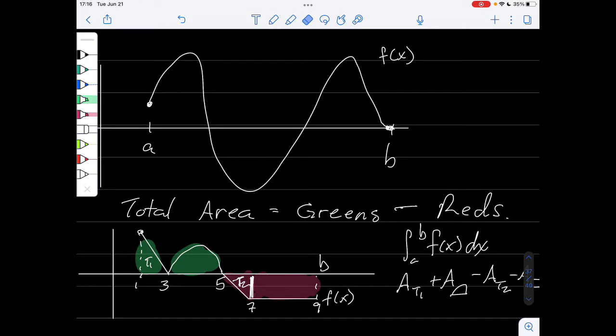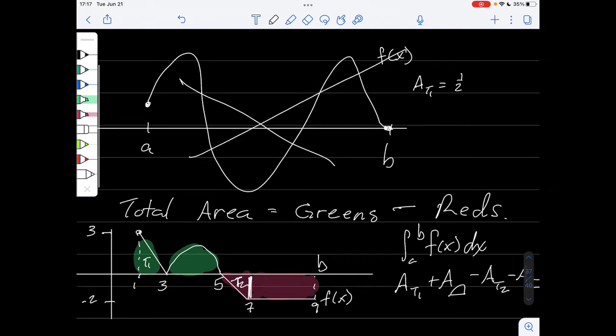Okay, it's not letting me clear it off. So we'll just ignore this for a second, and we'll say that the area of triangle 1, well, it's 1/2 base times height. So we're going to need some heights here. So let's say this is -2 on the bottom, and we'll say it's 3 on top. So it's 1/2 times the length of the base, which is 2, times the height, which is 3.